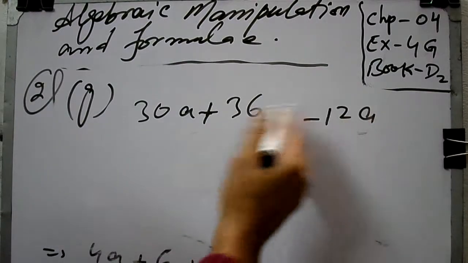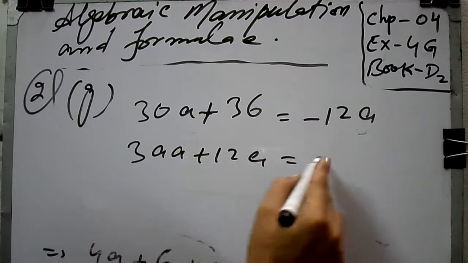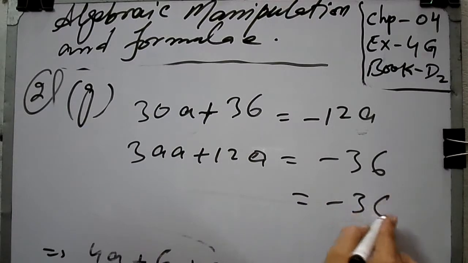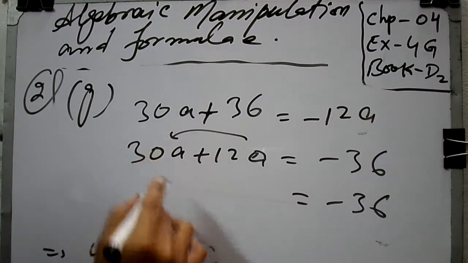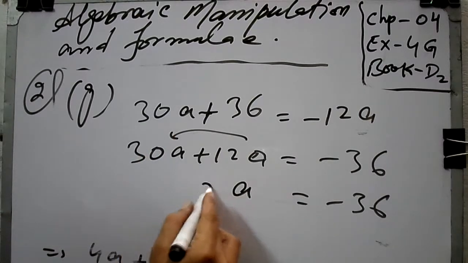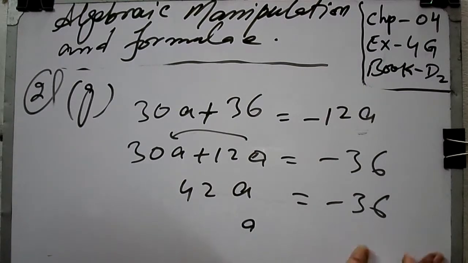Similar terms shifted to one side and constants shifted to the other side, so you will get 30a plus 12a, you will get what? 42a. So you need the value of a. So you will get the value of a is equal to minus 36 by 42.